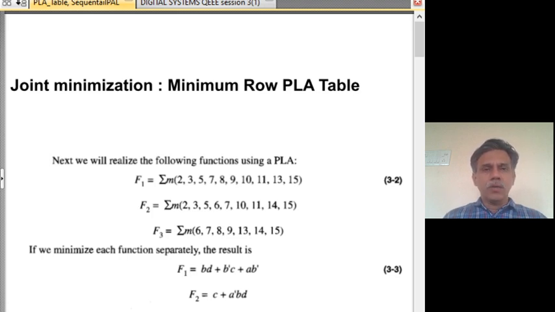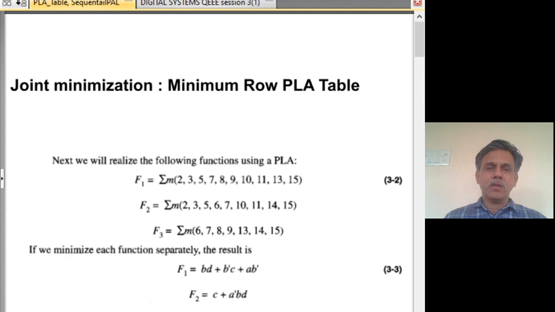So, we already looked at the fact that programmable logic arrays are devices which are programmable, and using this we can synthesize certain Boolean functions of a certain number of input variables. Basically, we write down the set of functions in the sum of product form, and we realize the SOP expressions of the different functions using an array of AND gates followed by an array of OR gates.